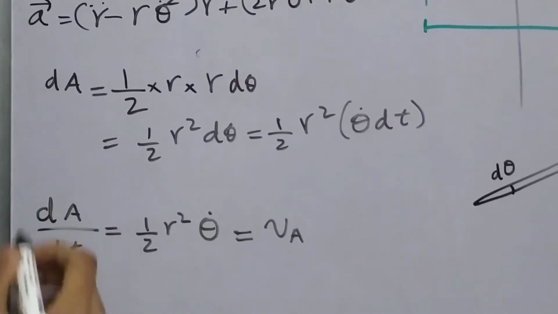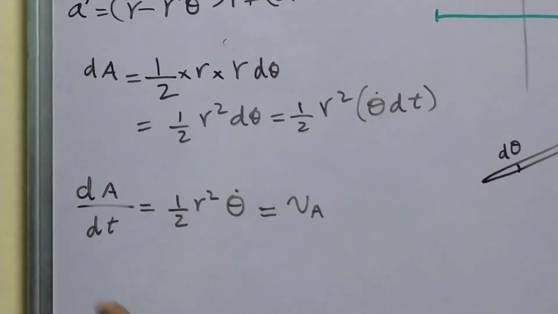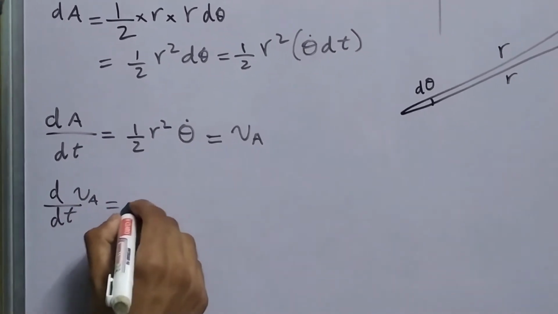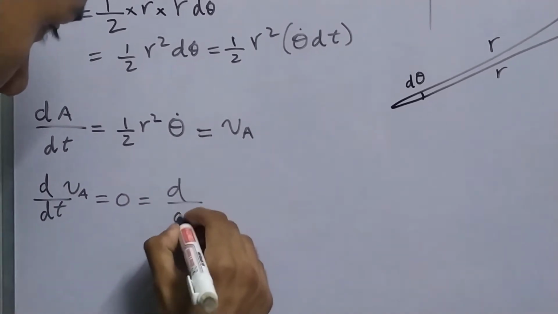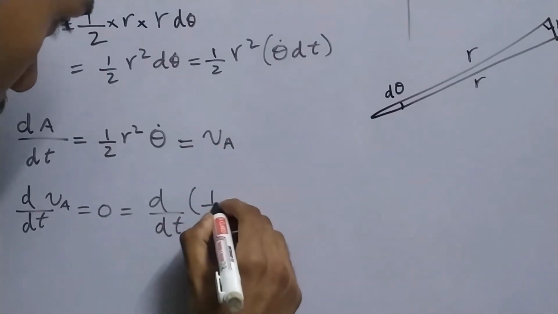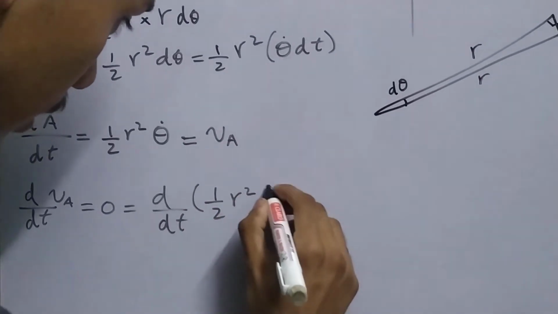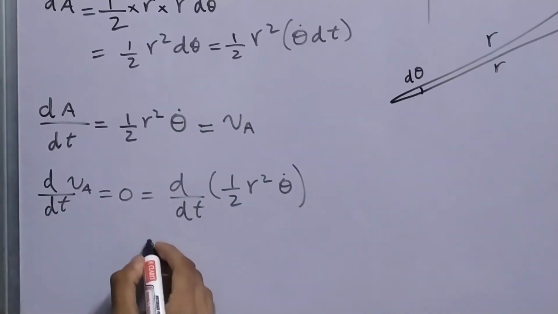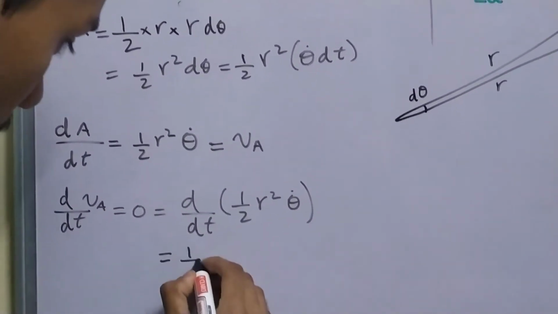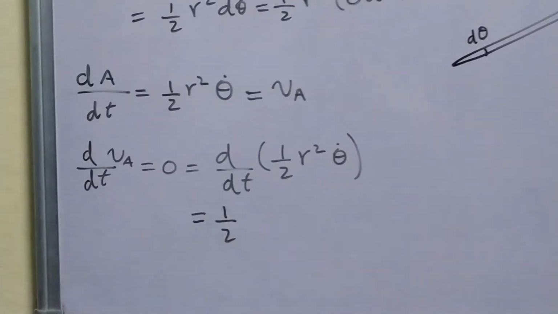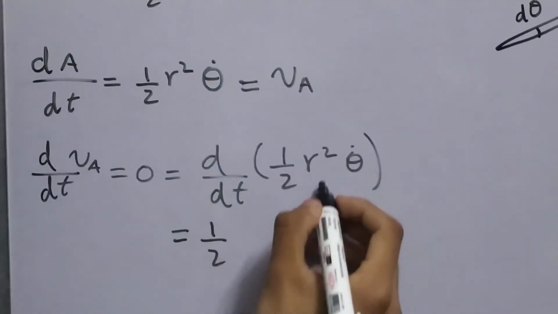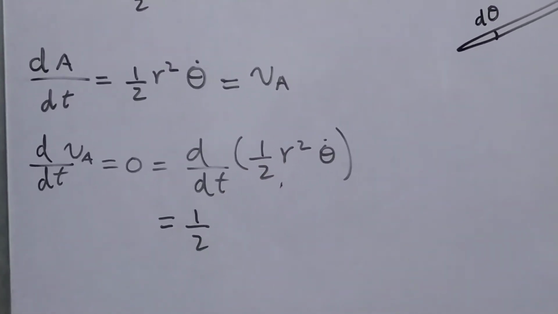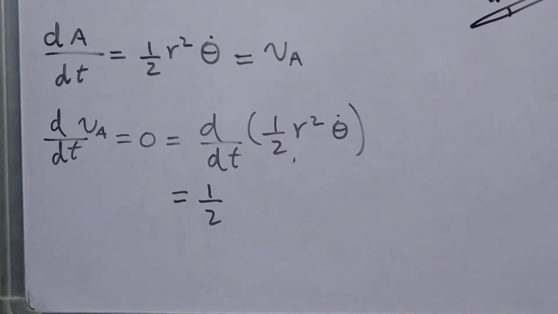Now if I differentiate this quantity, then I must get 0. So d by dt of VA is 0. This is the same as differentiating 1 by 2 r square theta dot. We just differentiate this and put it equal to 0 and see what we get. Since r is a function of time, and theta dot is also a function of time, we'll use the chain rule.